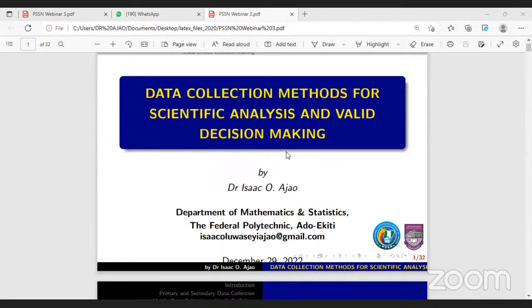Data collection method. Then how do we put the two together for us to have a good decision making? Because you must make a decision after you have collected our data. That is the basic truth. When you collect data, eventually you do analysis, you do this and that, you must take a decision because that's the end of the road.